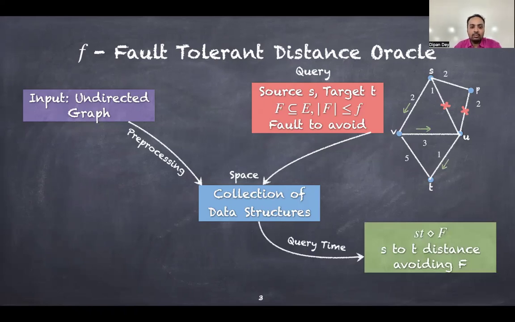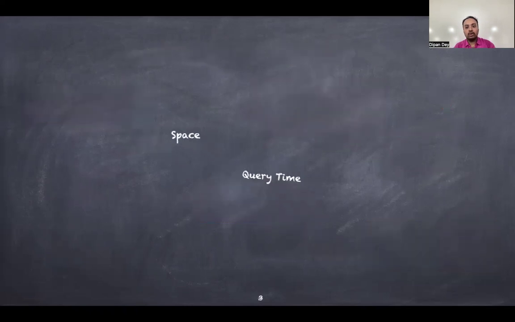The main three parameters here are pre-processing time, the time you require for pre-processing; space, the storage you need; and query time, the time you require for answering a query. We study our oracle mainly based on two parameters, space and query time.